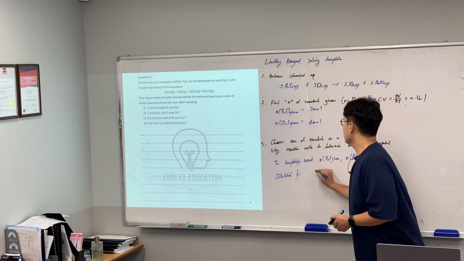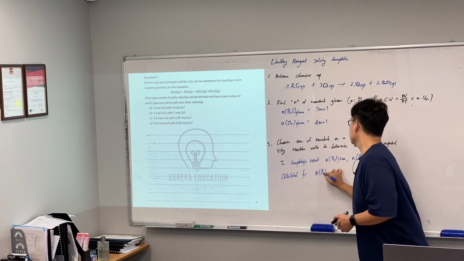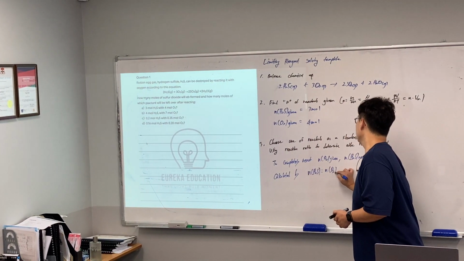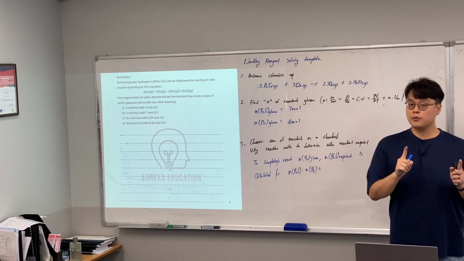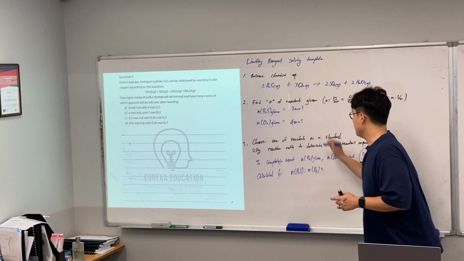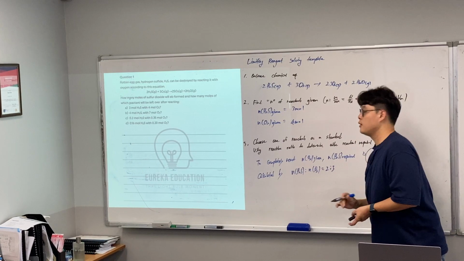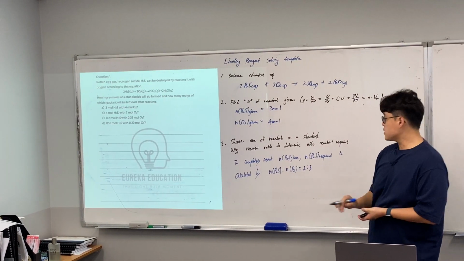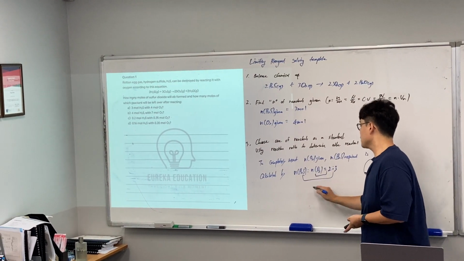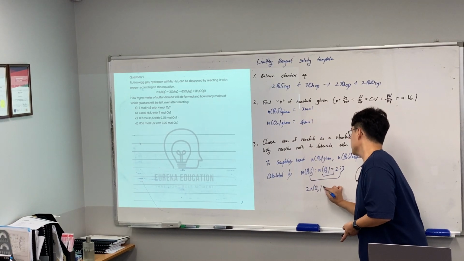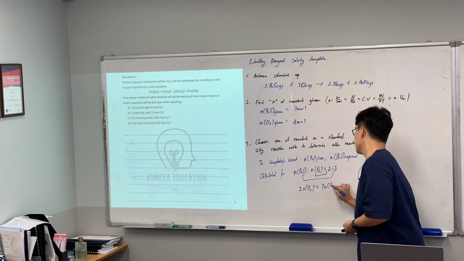The N of the H2S to N of the O2 follows the reaction ratio of 2 to 3. Solving that, 2 of the N of O2 given equals 3 of the N of the H2S.